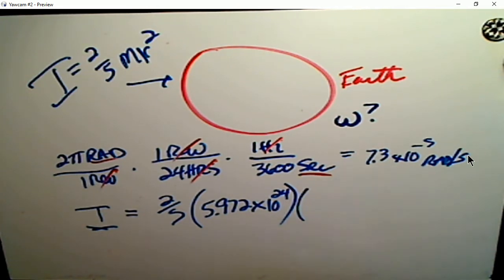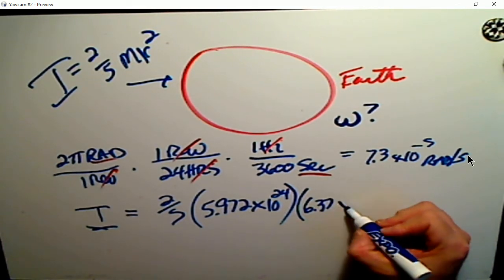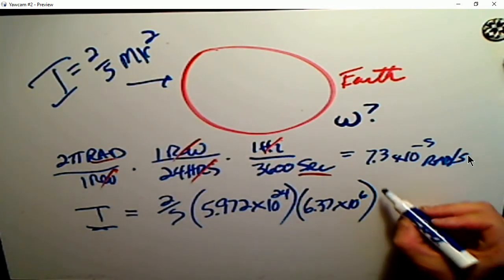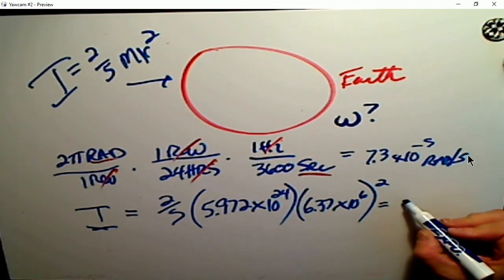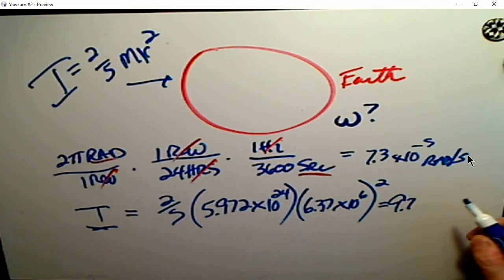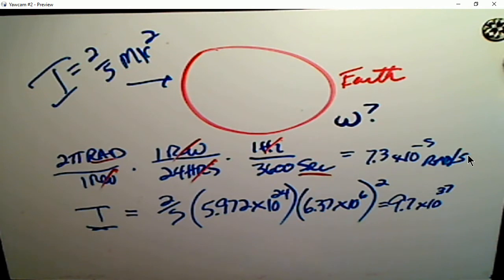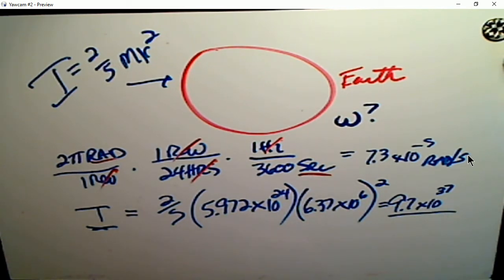What is the radius of the Earth? 6.37 approximately times 10 to the 6th. Have to square it. That gives me something like 9.7 roughly times 10 to the 37. That is my moment of inertia, in kilogram meters squared.